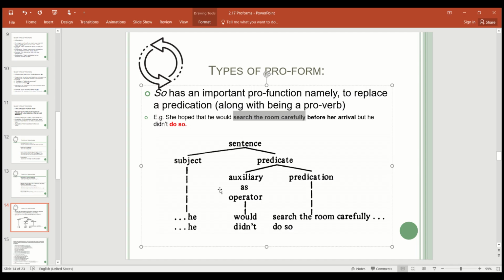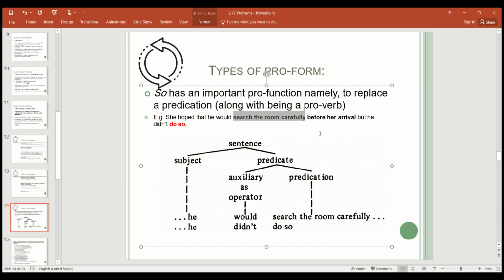Now, the point is to see which element is replaced and what replaces which. In the third sentence, he is replacing he, the subject. Didn't is replacing would to show negation, and do so is replacing search the room carefully.